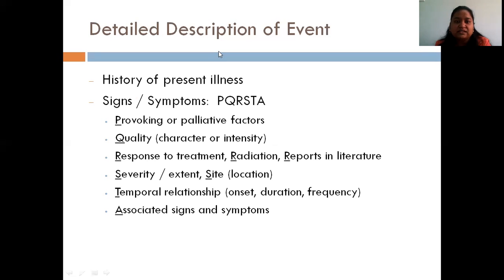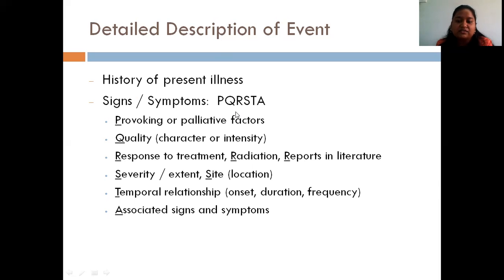Next is the detailed description of the patient. As I have told you, you have to collect all the information regarding the physical, objective, and subjective data, the history of the present illness, and the signs and symptoms of the events, like all the PQRSTA.